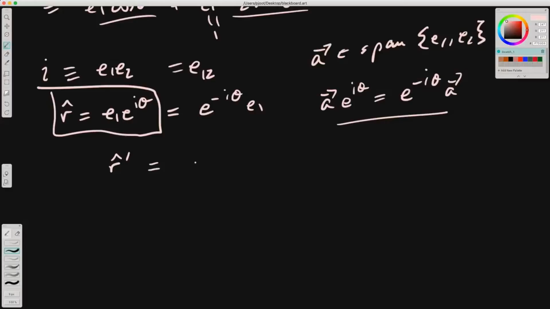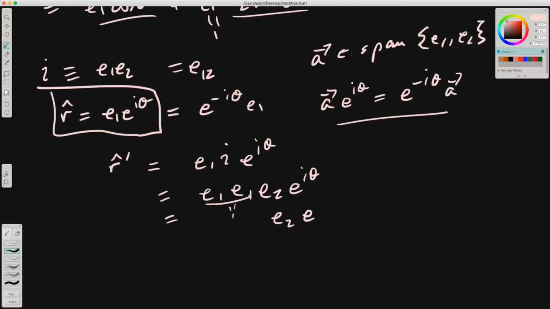So that is e1 I e to the I theta, writing it out in full, e1 times e2 e to the I theta. Now e1 squared is 1, so we're left with e2 e to the I theta. Oh, sorry, I missed d theta/dt. So that is r hat prime.